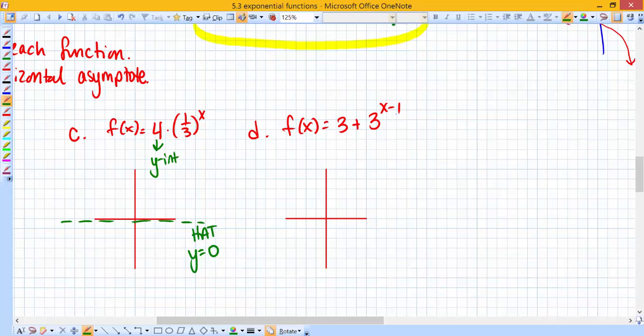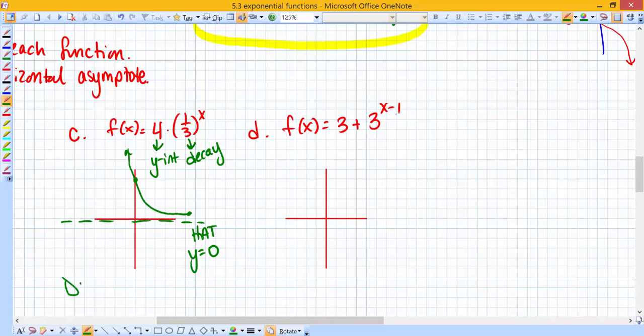That's your y-intercept. The 1/3 means that this is decay because it's less than 1. So I'm going to start at 4 for my y-intercept, and it's decay, and it is going to go down. There's the graph for C.